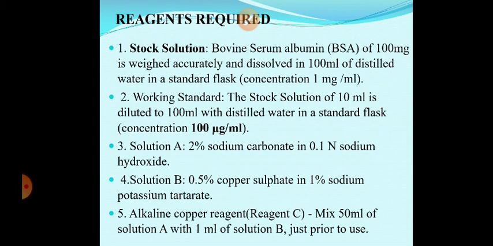What are the different reagents that we require? First of all, we require a standard protein. We are going to find out the concentration of protein in an unknown sample, and for that we first have to prepare a standard graph.